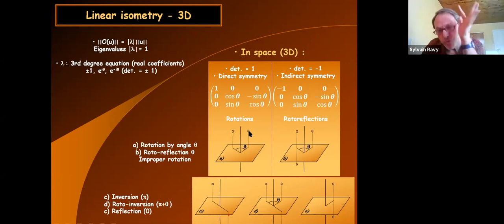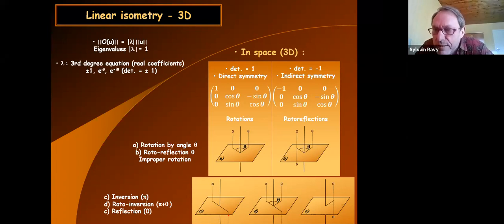This is a point, but you have to remember that we act on vectors, right? So this direction from here to here can be rotated by an angle theta about this vertical axis. And this is represented by this matrix here. These are the only direct isometries we have in 3D.